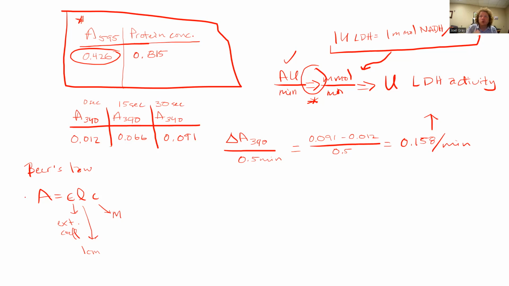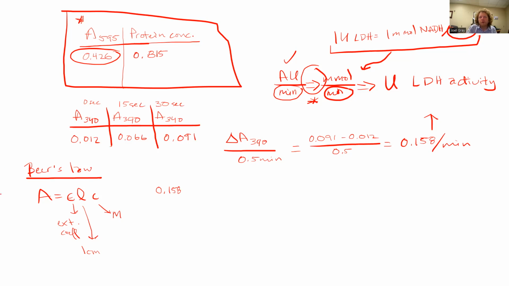We haven't defined that yet, and the way that we get it is with Beer's law, or the Lambert-Beer law. Now, the first thing I'm going to do is take this 0.158, my absorbance units. For the time being I'm going to ignore the unit in my denominator, which is minutes, because that is consistent throughout all of my different definitions.